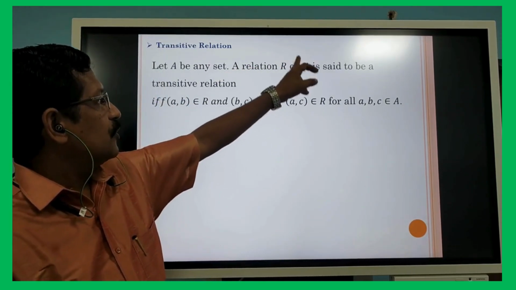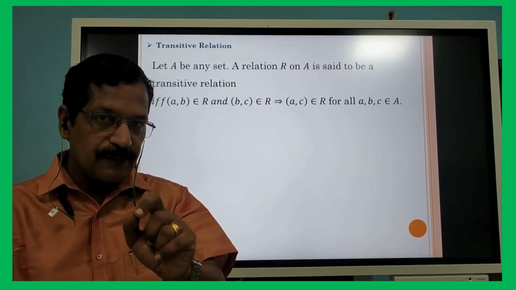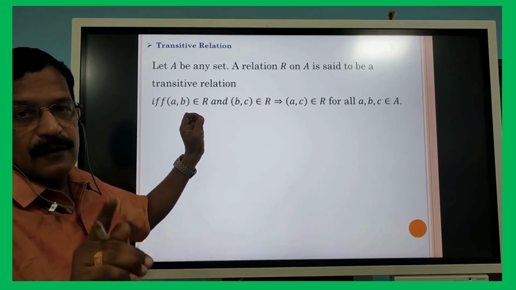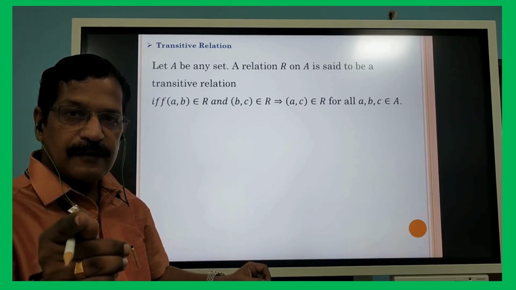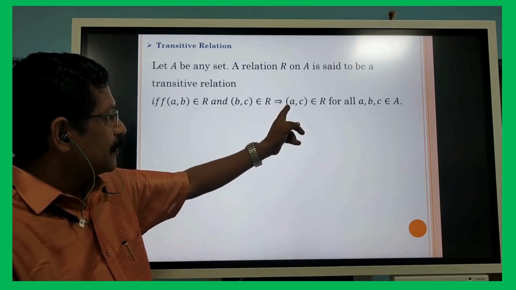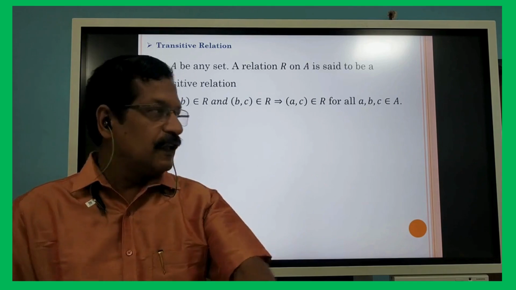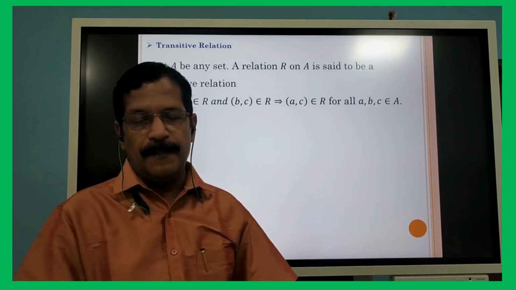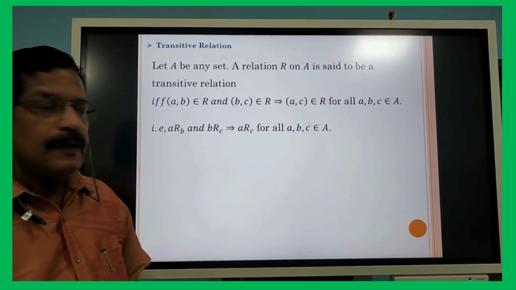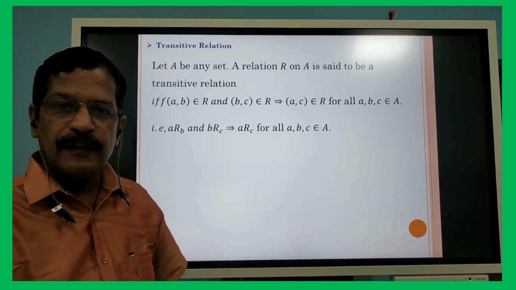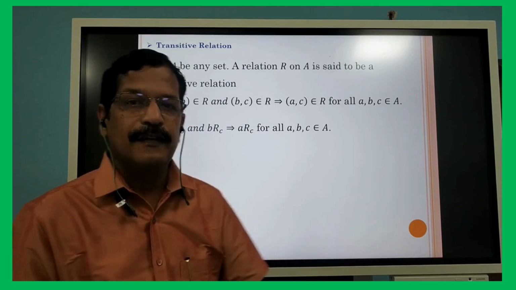A relation R on A is said to be a transitive relation if and only if ordered pair (a, b) element of R and ordered pair (b, c) element of R implies ordered pair (a, c) element of R for all a, b, c in the set A. That is, a is related to b and b is related to c, implies a is related to c.